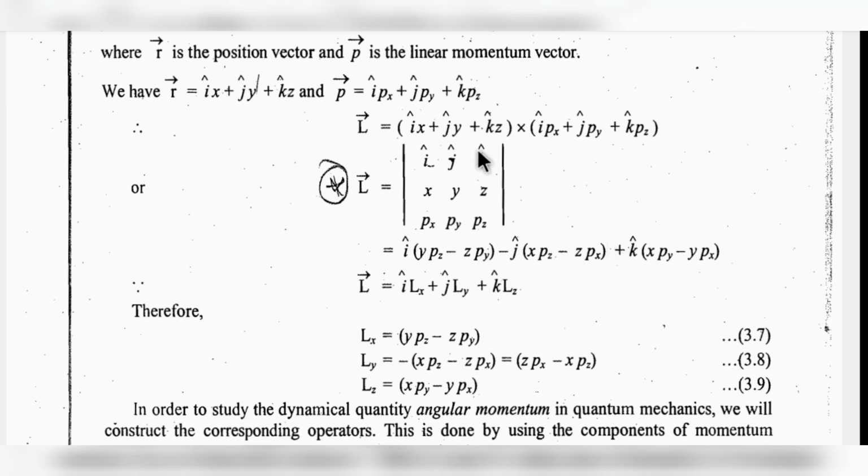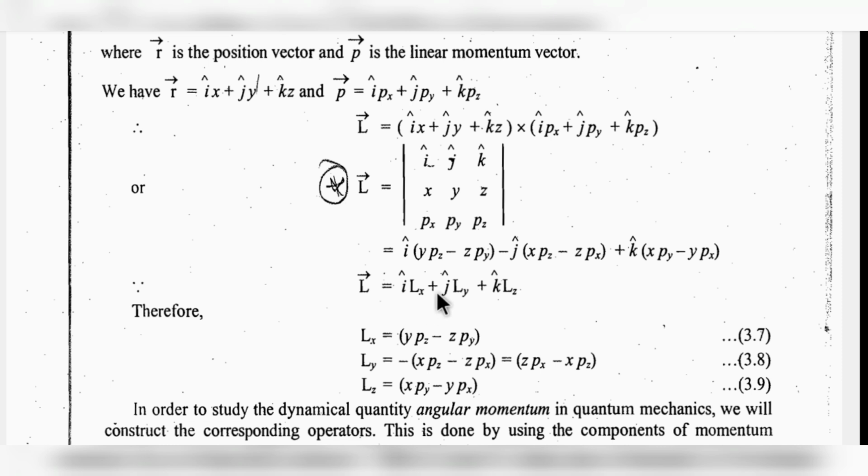Then we find the value of k. When we find k, we don't write this row and column: x multiplied by py minus y multiplied by px, with a minus sign in between.